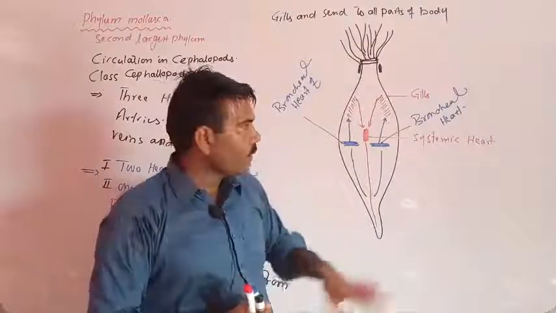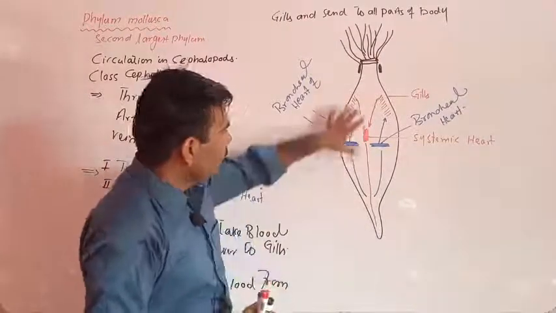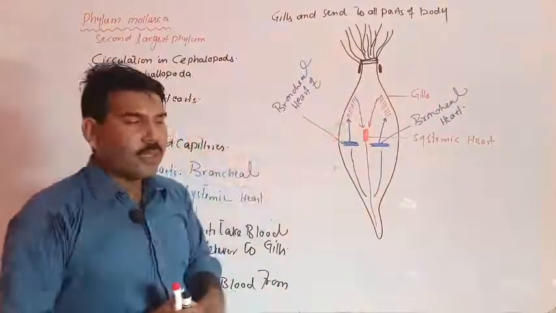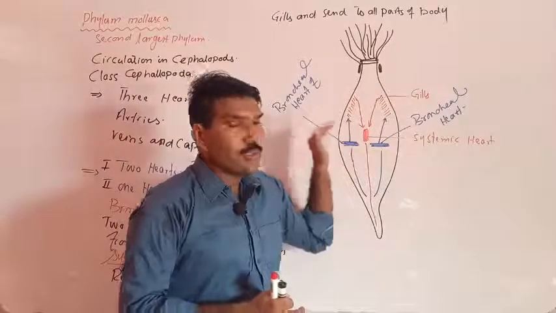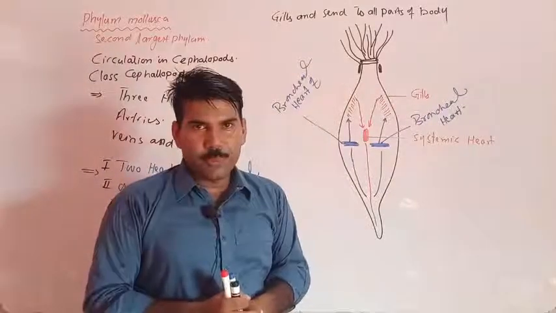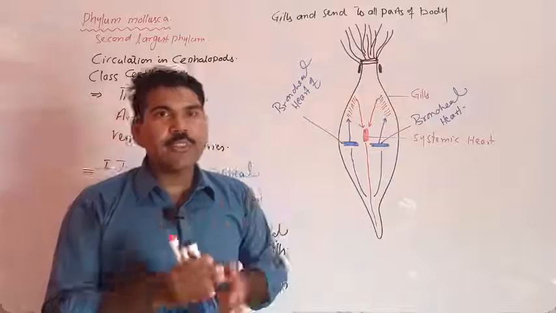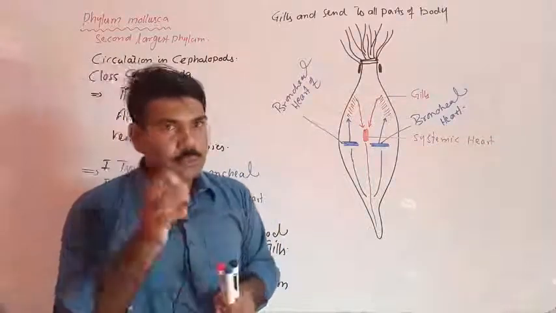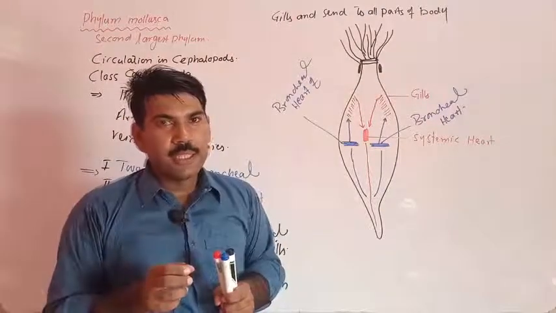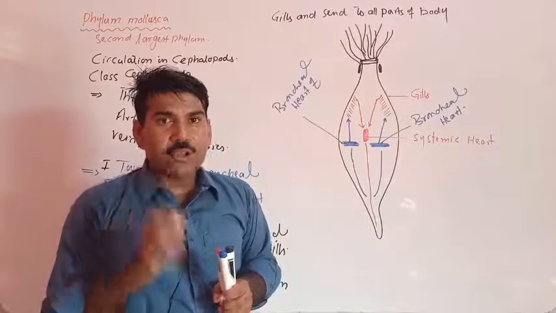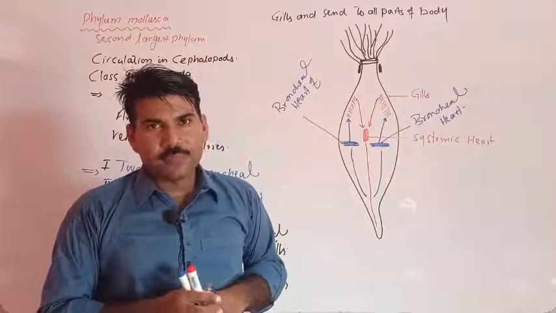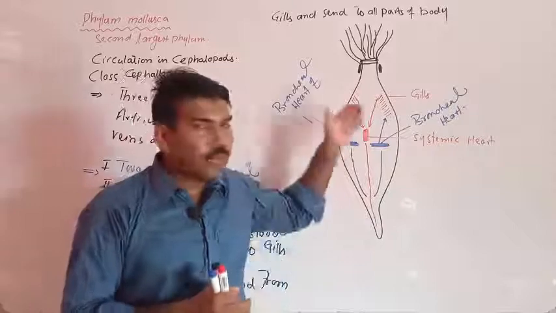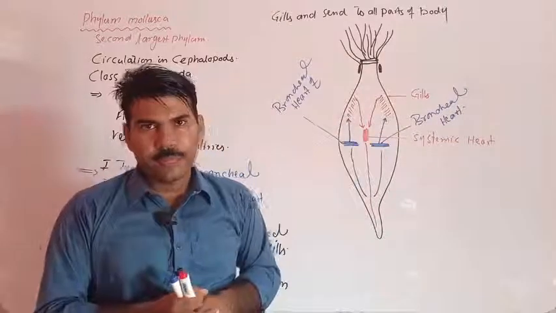So students, we have discussed the circulatory system of the cephalopods, and a very interesting piece of information about the cephalopod is that the largest eye in the world is the eye of cephalopods.